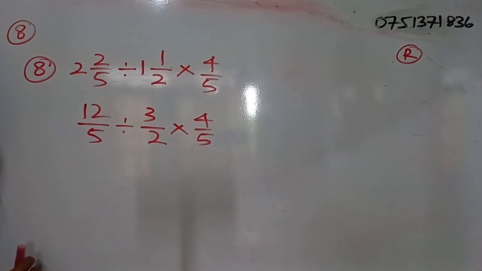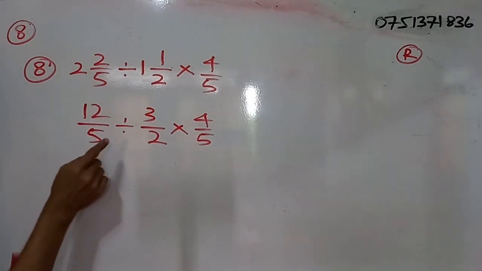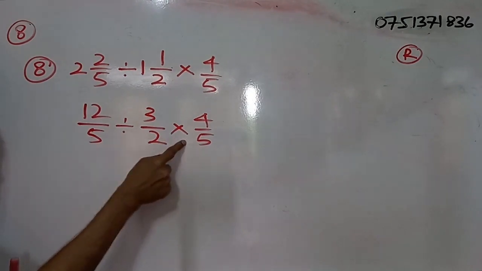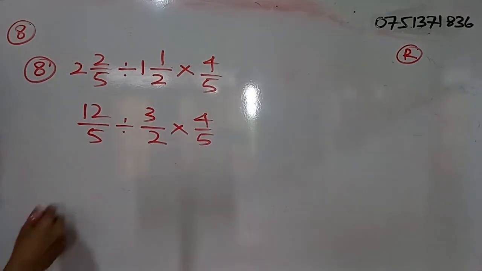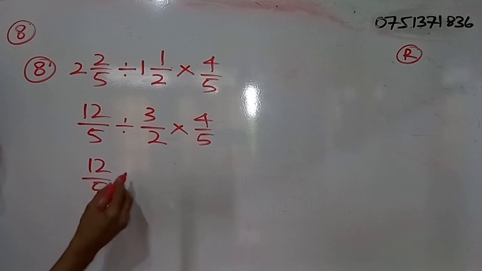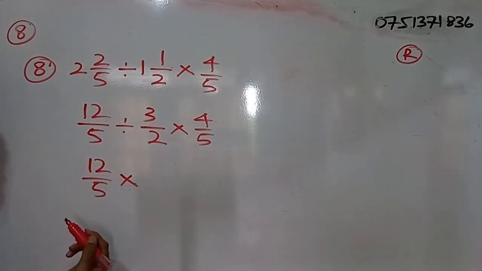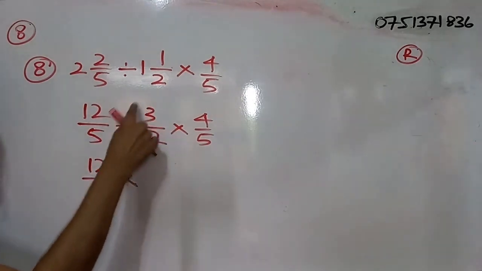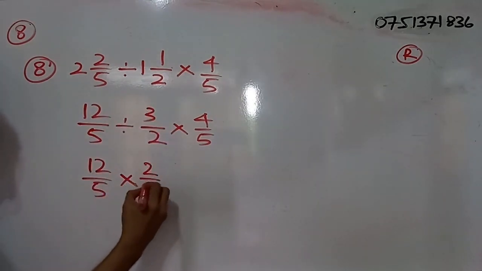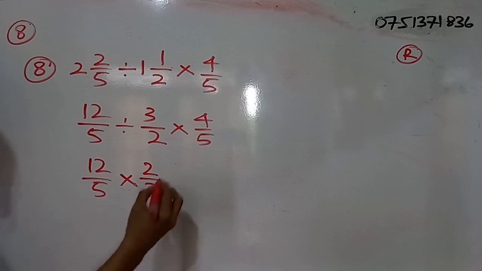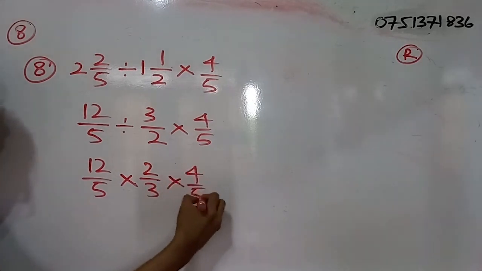Now we have to follow the BODMAS rule, so we simplify the division first, then move to the multiplication. So 12 by 5, I will replace the division with a multiplication symbol, then write the reciprocal of 3 by 2, so it will be 2 by 3, then here also 4 by 5.